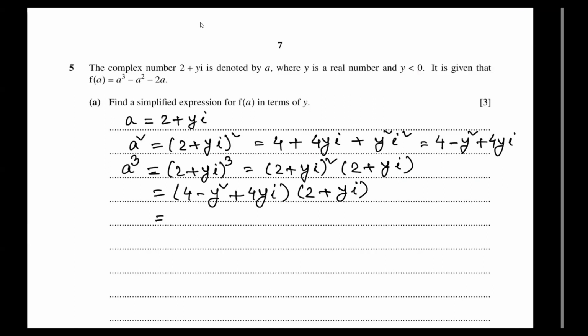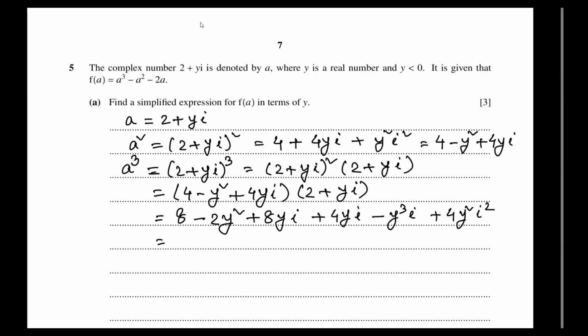Now multiply it. 8 minus 2y square plus 8yi, then 4yi minus y cube i, then we have 4y square i.